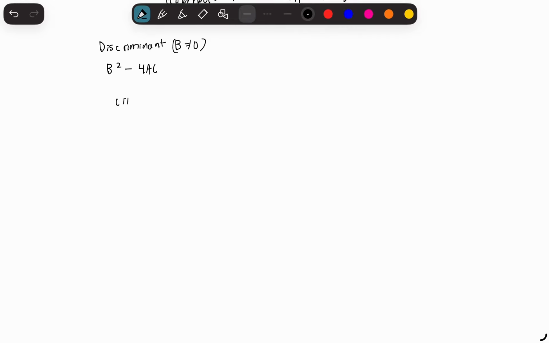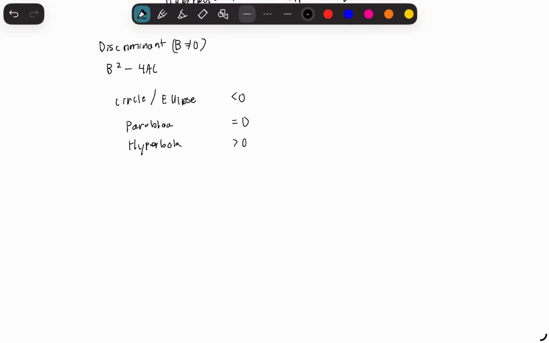For a circle, aka an ellipse that's just not having an uneven stretch, or for either a circle or an ellipse, your value is going to be less than 0. For a parabola, this value is going to be equal to 0, and for a hyperbola, it's going to be greater than 0.